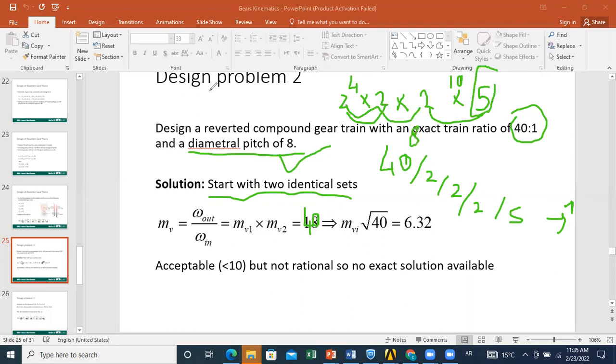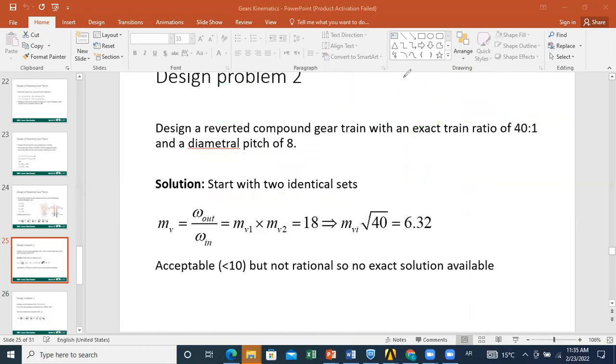So of course, gear ratios of 5 and 8 are better than 4 and 10. Okay, so I will select this option because this is the closest possible ratios I can reach. And now I start to write my equations as usual.